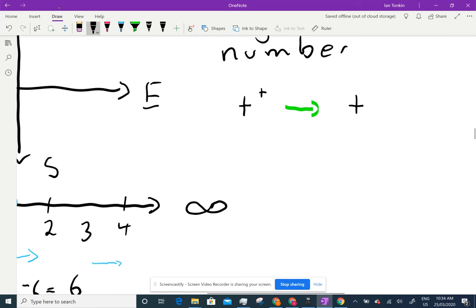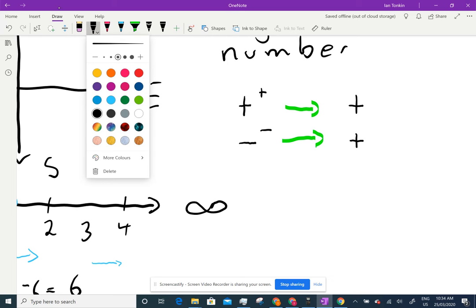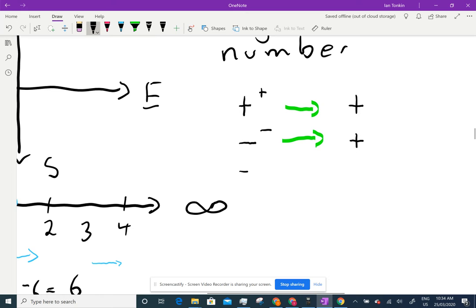And when you have a minus and a negative sign together, you can replace it with a positive sign. And when you have a negative and a positive sign, you can replace that with a negative. And when you have a plus and a negative sign, you can replace that with a negative.